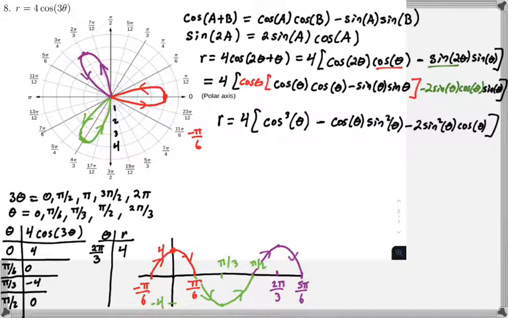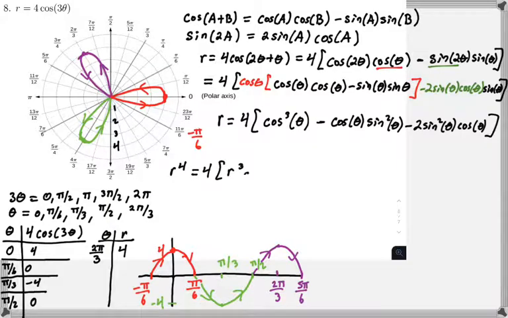So there's like 3 factors in each one. We want to make them r sine and r cosine because r sine is y and r cosine is x. And because we have 3 factors, we're going to multiply by r cubed. So r times r cubed is r to the 4th.